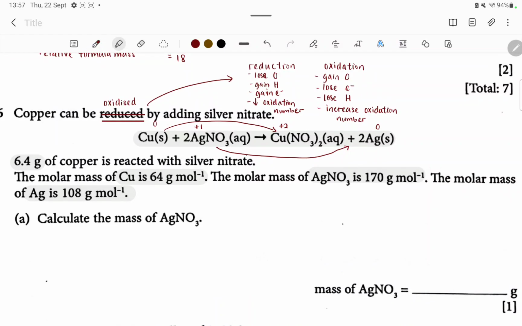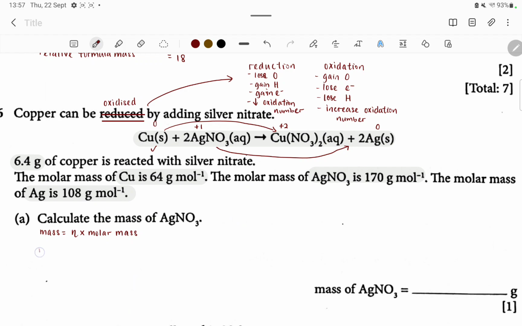First things first, we don't know the number of moles. Because to find mass you have to use number of moles multiplied by molar mass. But for AgNO3 we only have the molar mass. The exact number of moles we don't know. So we have to use the other reactant, copper, to find the number of moles first.